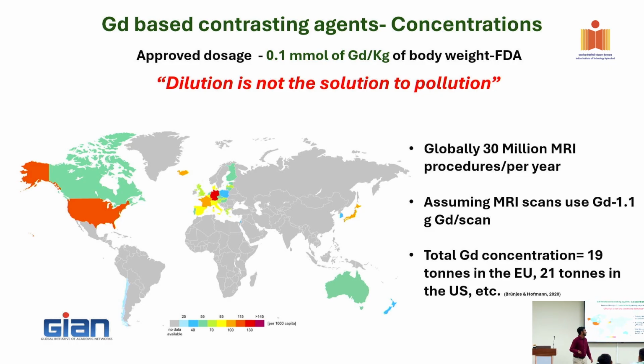Think about it: on average there are 30 million MRIs done per year. If you calculate the number of kilos or tons, the gadolinium in Europe is around 20 tons in 1 year, and the US constitutes around 21 tons. And now I'm leaving you with the question: what is the amount of gadolinium present in India and China? It's beyond the number, a huge quantity. So where exactly is all of this going?